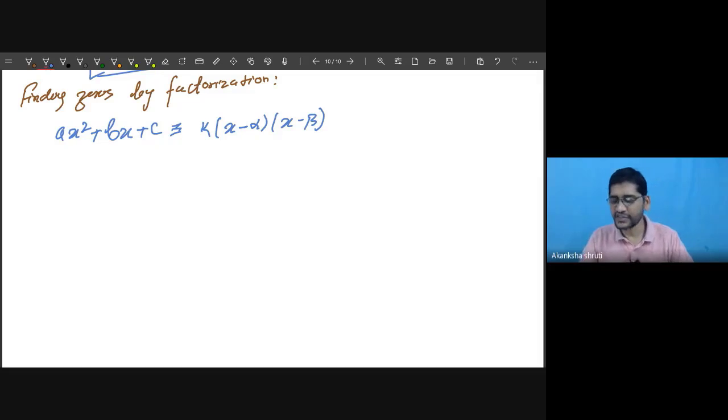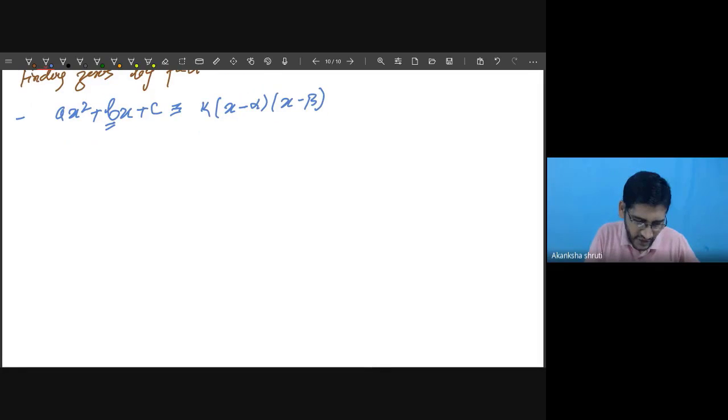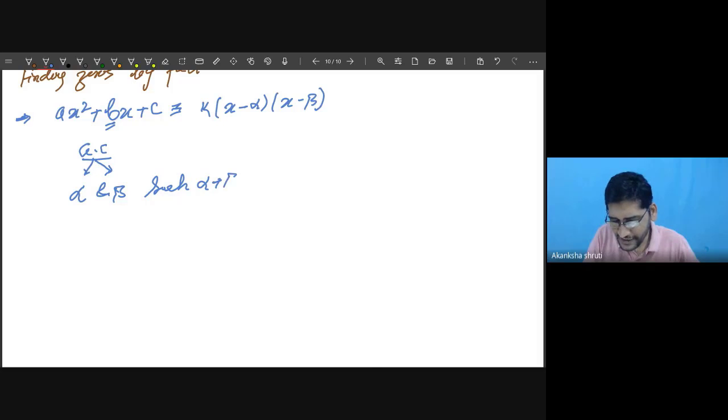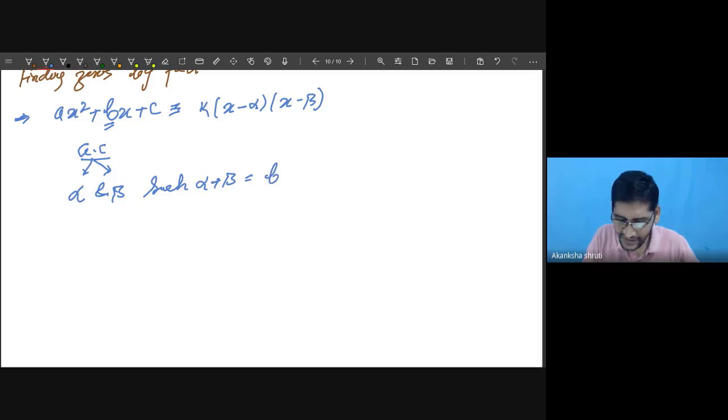So this way we have to factorize. How can we factorize? First you need to multiply a with c. After this, you have to take two factors, let the factors be alpha and beta, such that alpha plus beta should equal b. This is the condition.